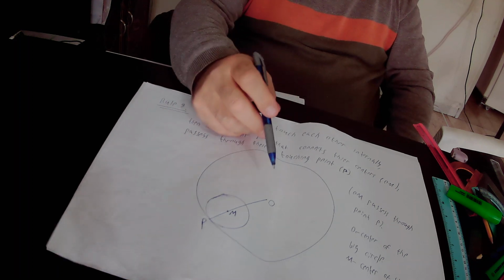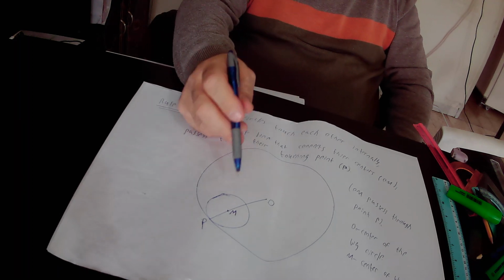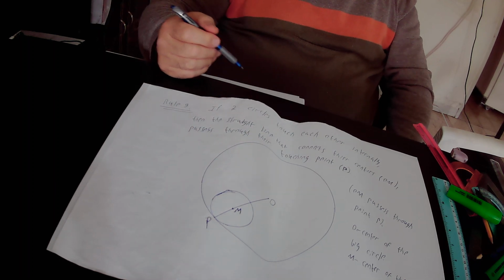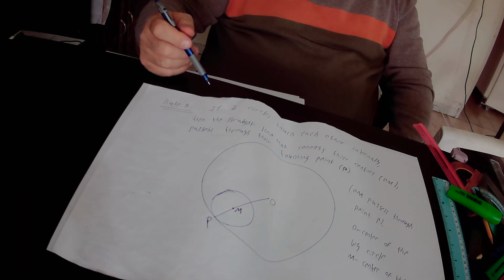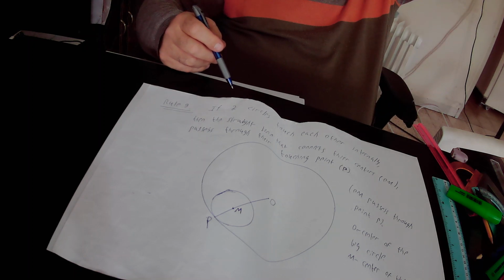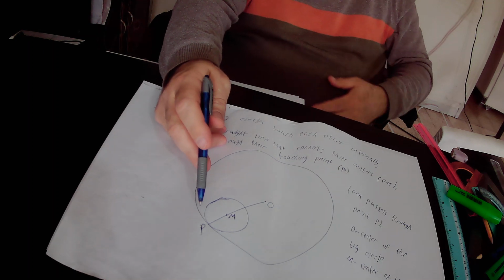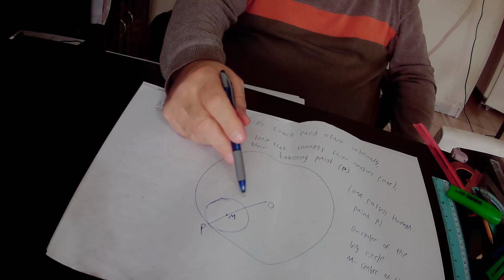The center of the big circle is here at point O, the center of this small circle is here at point M. So, according to rule 9, the straight line that connects their centers together, that is the straight line OM, must pass through their touching point. OMP is one straight line.